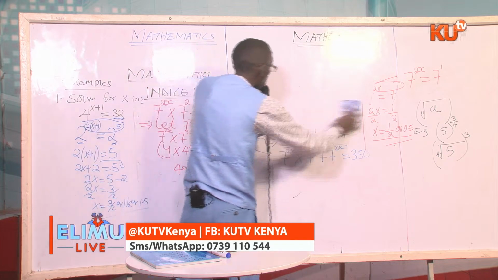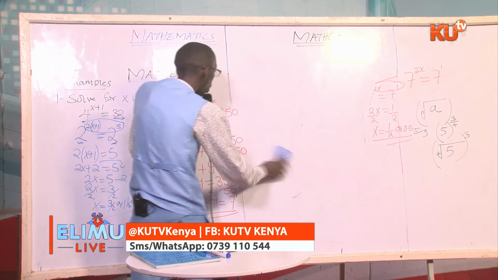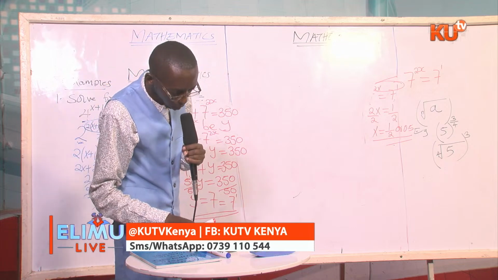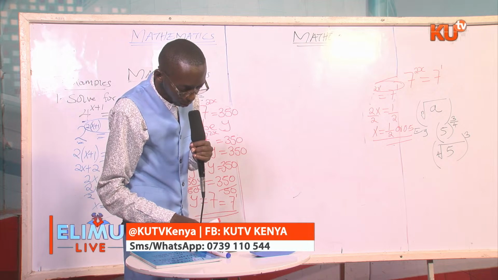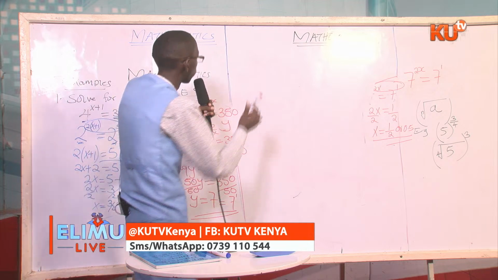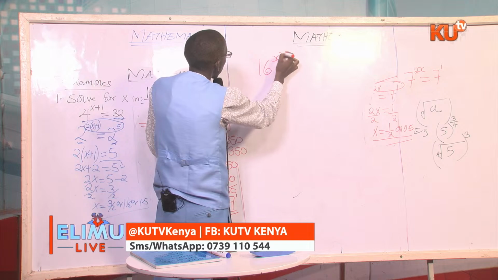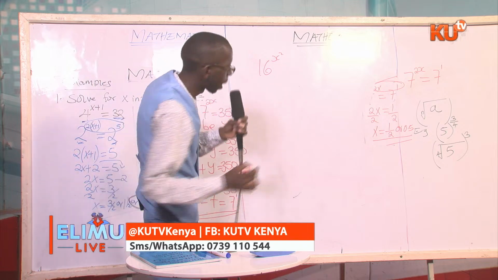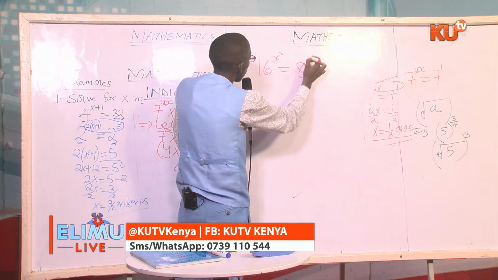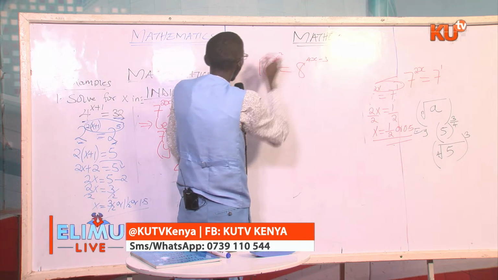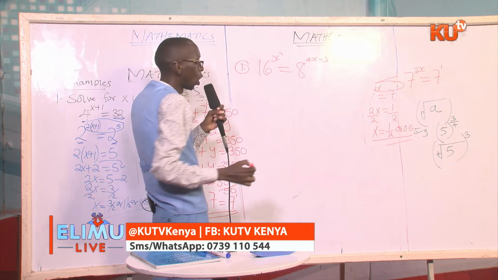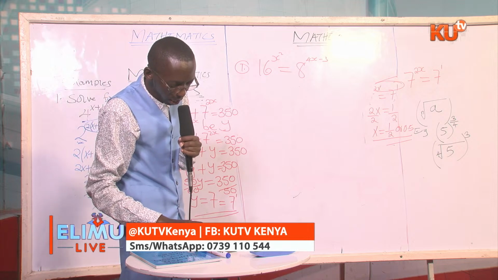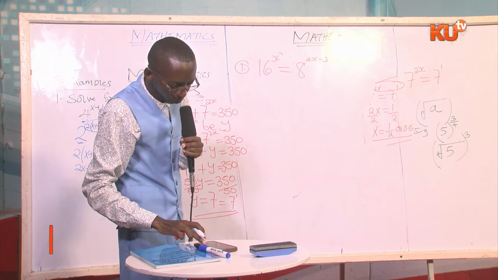So the next question that you'll do alone is solve the equation 16 to power x squared is equal to 8 to power 4x minus 3. That one you'll solve as a question on your own. Question number 2, related to the one that we have just done right now, is this.